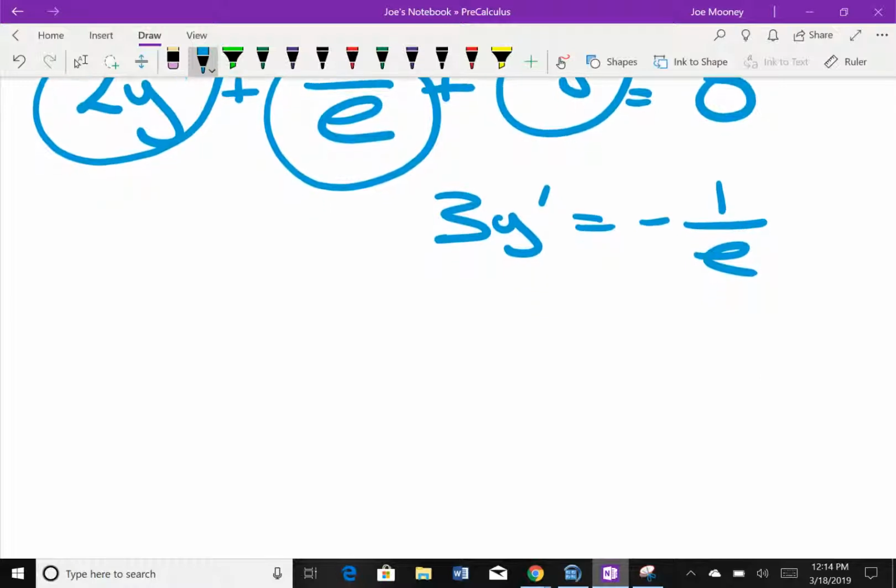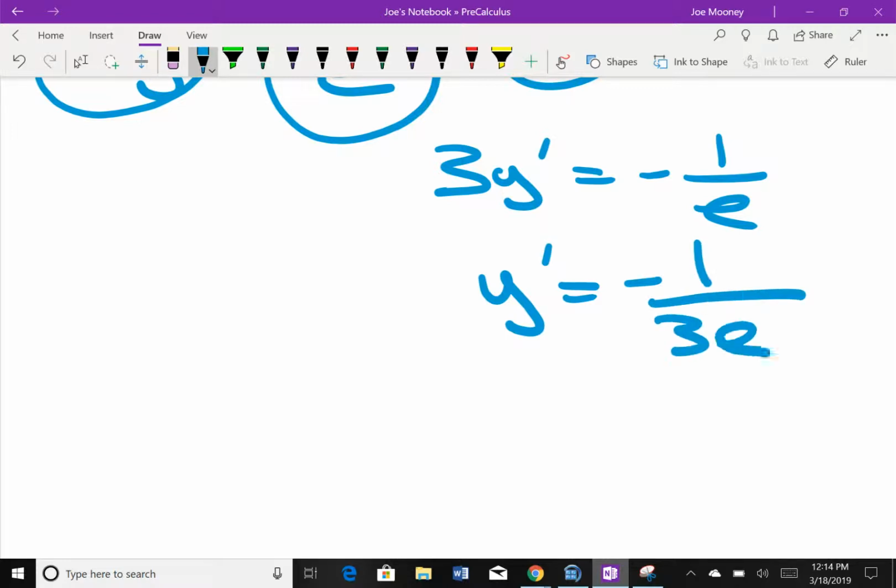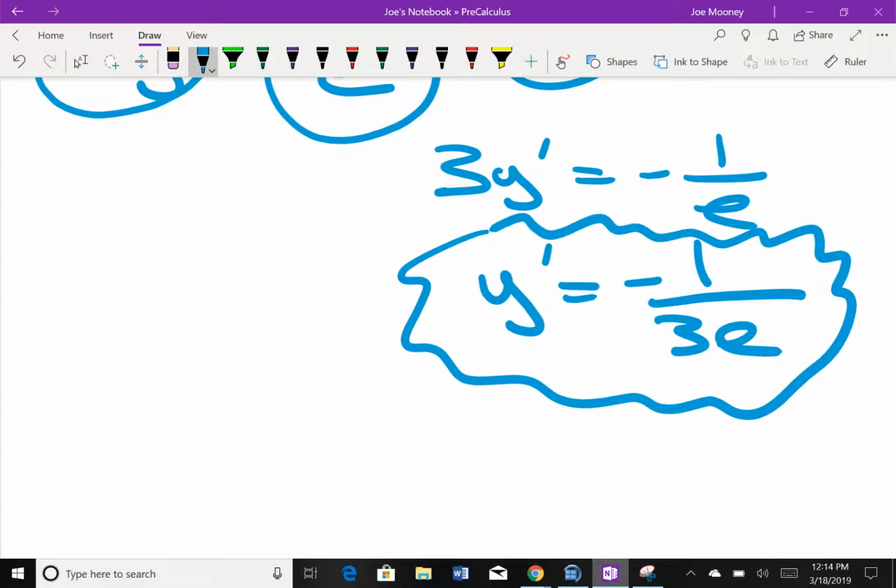Hopefully I'm not insulting your intelligence here. I'm just solving it, like we've always done. Then divide that by 3, or multiply by 1 over 3. So negative 1 over 3e is your slope finding function. It's not the answer, but it's partial credit. You've got yourself a slope finding function, the derivative.